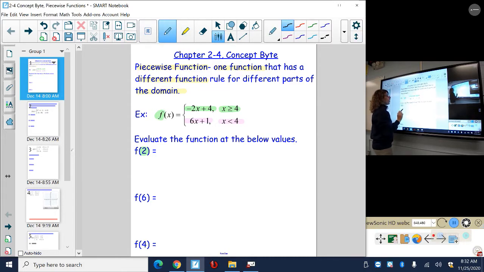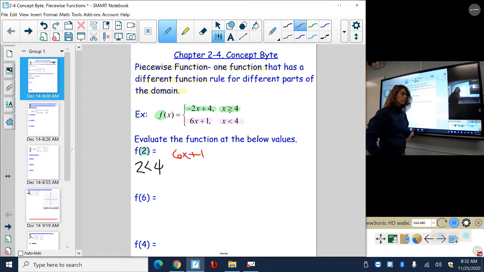So you have to figure out, where does 2 fall? Does 2 fall in this domain region where it's greater than or equal to 4? Or does 2 fall below 4? So you need to compare and contrast the values 2 and 4. 2 is less than 4, so since 2 is less than 4, that means I'm going to be utilizing the 6x plus 1 part of the piecewise function.